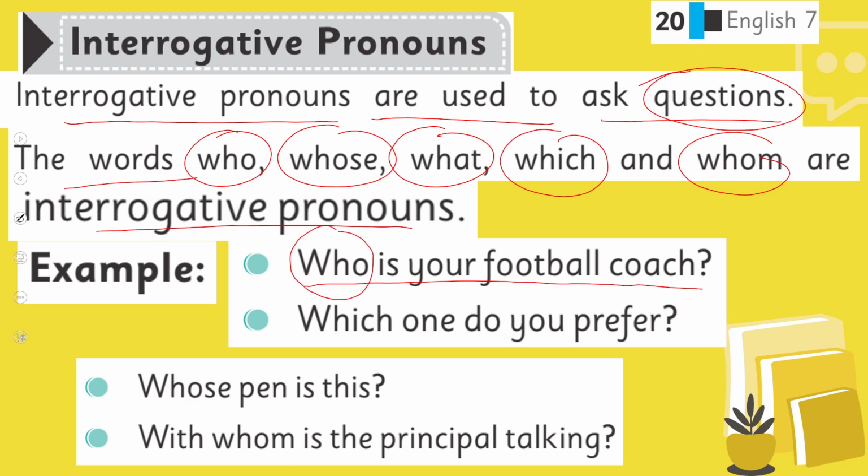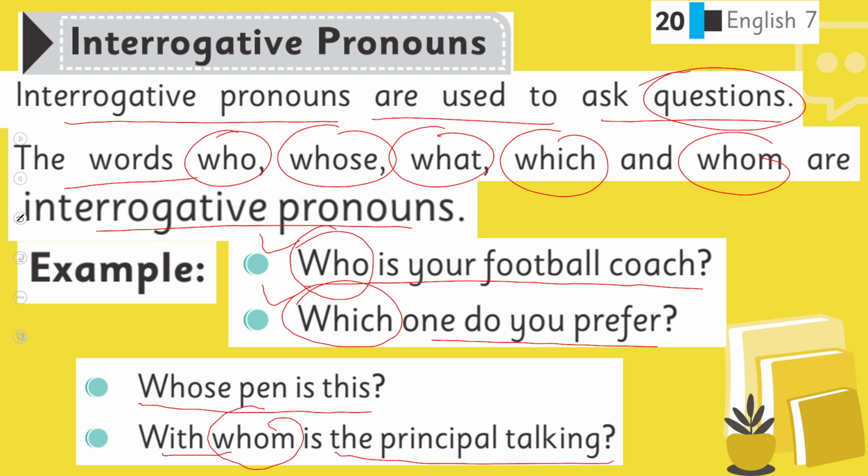Now, this is a question. We use this interrogative pronoun who at the start, and which one do you prefer, which is also an interrogative pronoun. Whose pen is this? With whom is the principal talking?